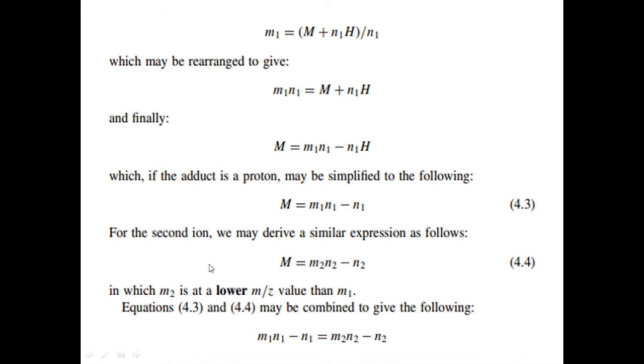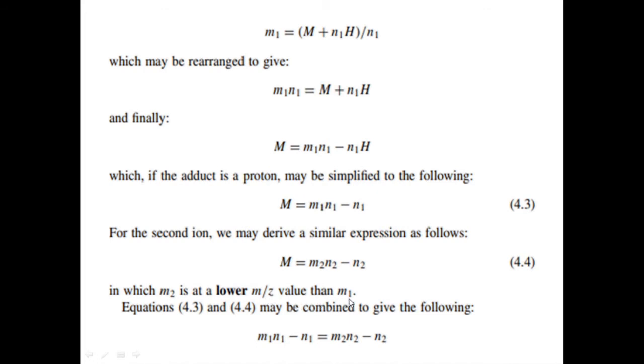For the second ion, we may derive a similar expression: capital M is equal to m2 n2 minus n2, for a proton, in which m2 is at a lower mass to charge value than m1.